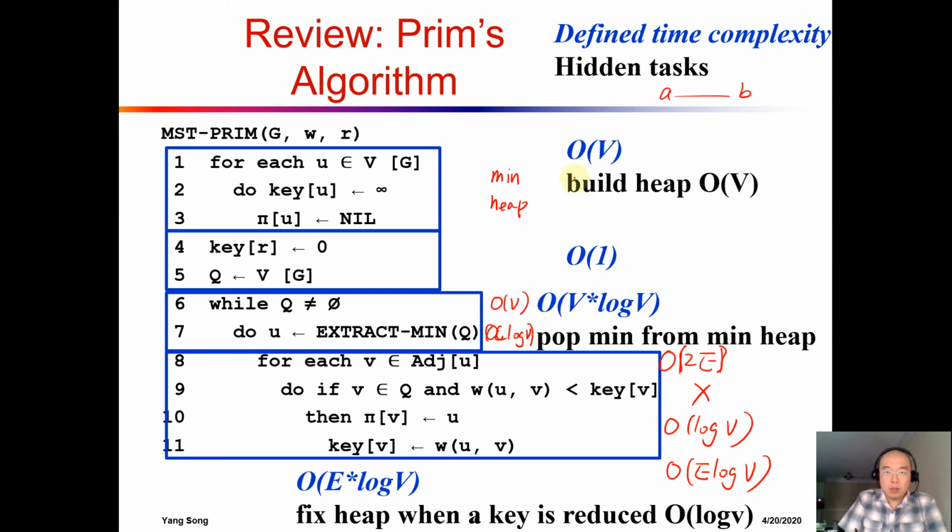So we have O(V) here, constant time here, V log V here, and O(E log V) here.